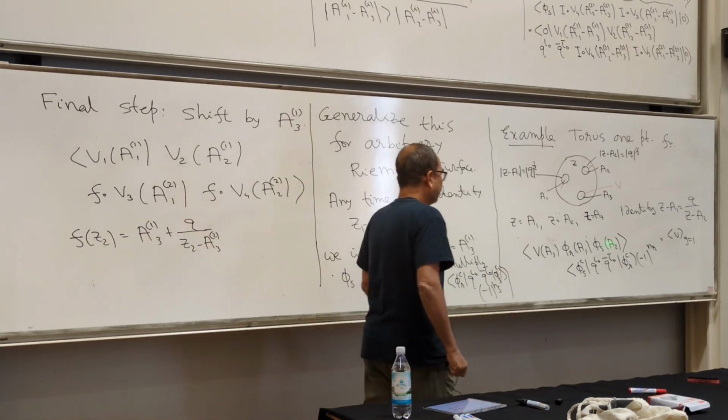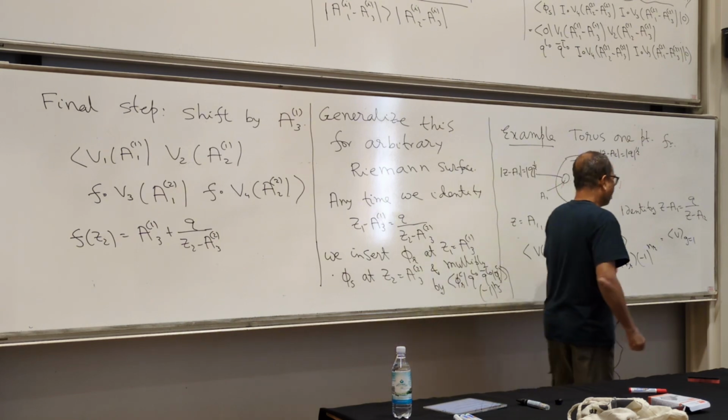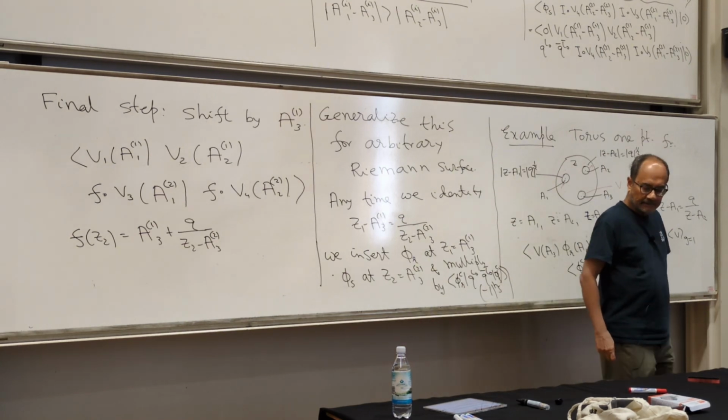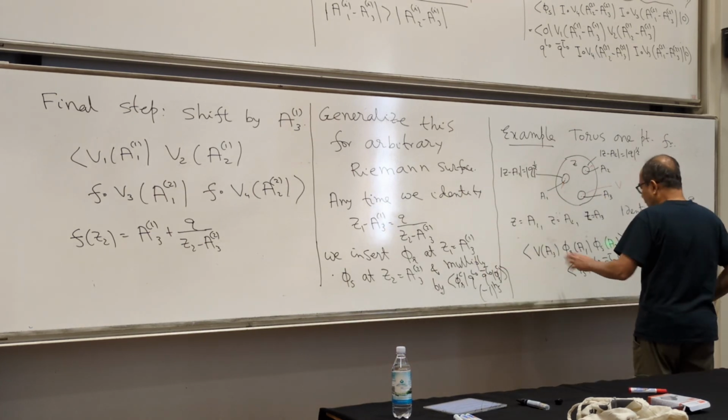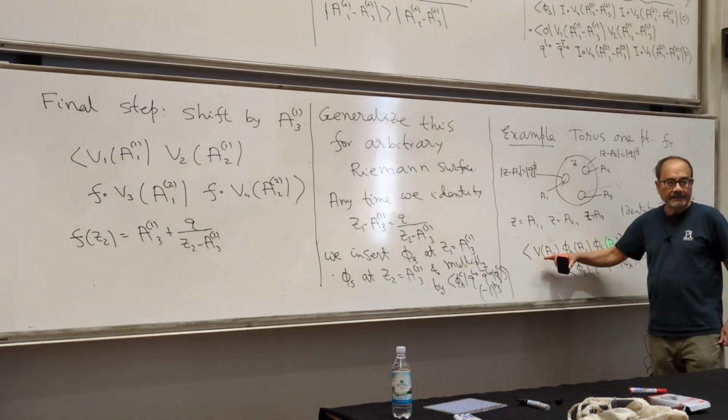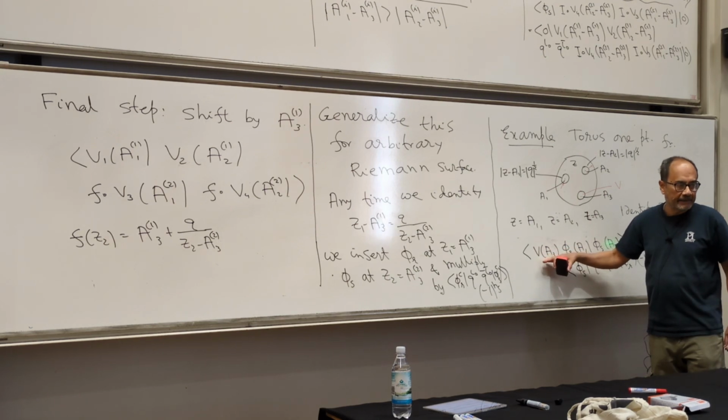Okay, so using this, we can in fact also determine the Grassmann number conservation on a generic Riemann surface. Okay, so let me indicate how it works here. On the torus, right? So V of a3, let's see what should be the Grassmann number of V of a3.